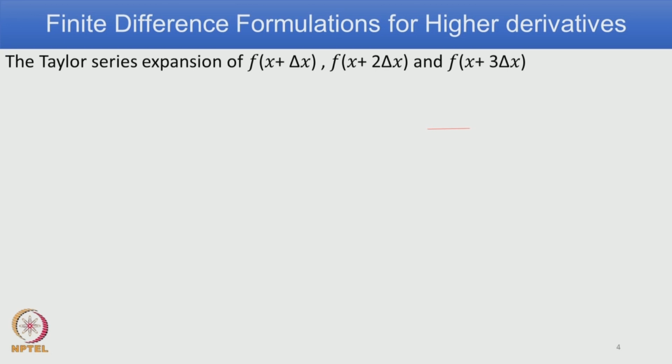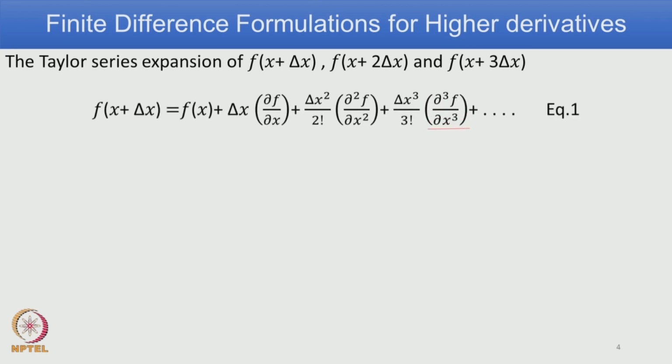Taylor series expansion is written for 3 different spacings: f of x plus delta x, f of x plus 2 delta x and f of x plus 3 delta x. By now you are familiar with how to write Taylor series expansion in any direction, either forward or backward. You are also familiar with the procedure to get any difference formula.